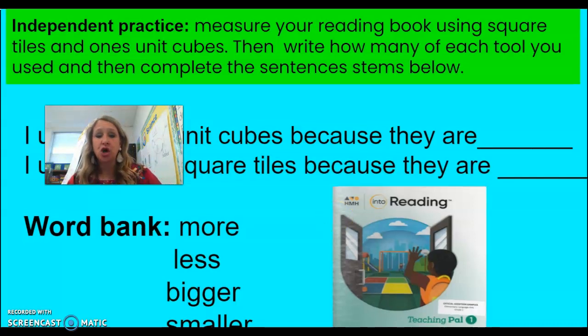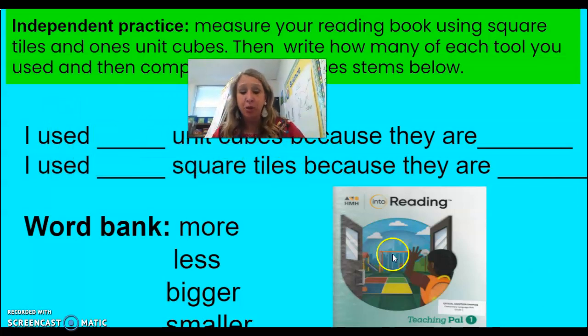If you don't have this book in your desk, like if you're at home, you can use any book. Any book you can measure with your ones units. And then you're going to measure that same book with your square tiles.